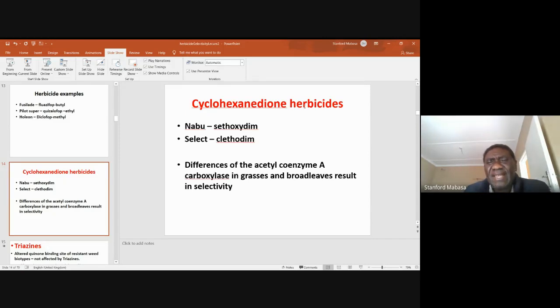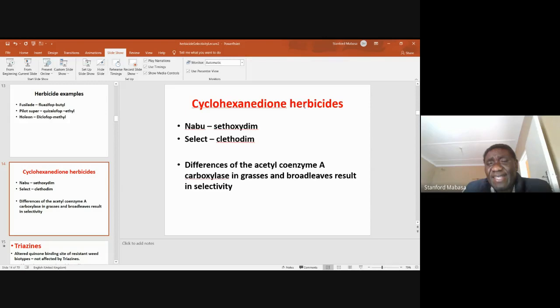We also have some commonly used herbicides like sethoxydim and Select, clethodim. These fall under the group which is known as the cyclohexanedione herbicides. They are also grass killers, and the enzyme is the same, which is acetyl coenzyme A carboxylase.